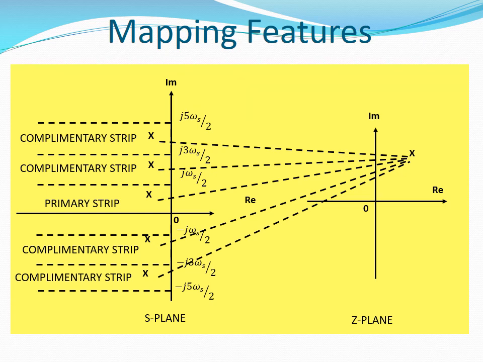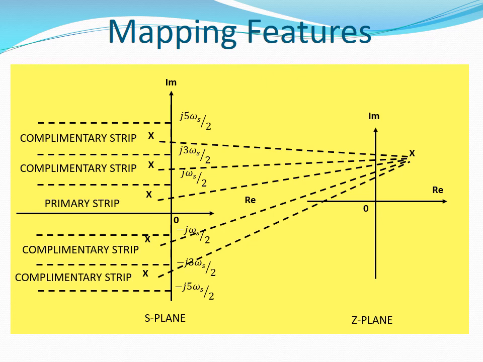In the primary strip, the points have n being equal to 0. In other words, the multiple of 2 pi is 0. In the first complementary strip, which is a strip above the primary strip, the value of n is 1, meaning that the multiple of 2 pi is 1.